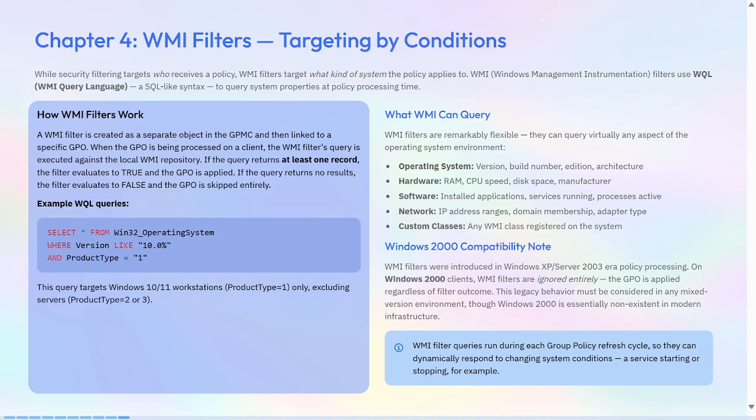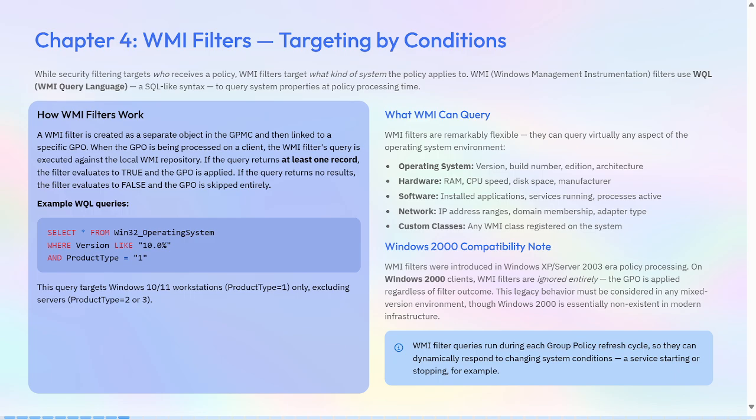Windows Management Instrumentation filters use WQL, or WMI Query Language, a query-like syntax to query system properties at policy processing time. How do these WMI filters work? A WMI filter is created as a separate object in the Group Policy Management Console, and then you link it to a specific group policy object.